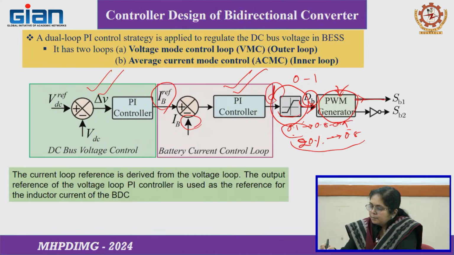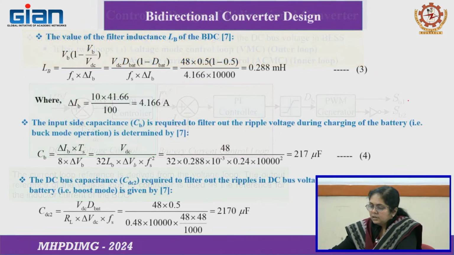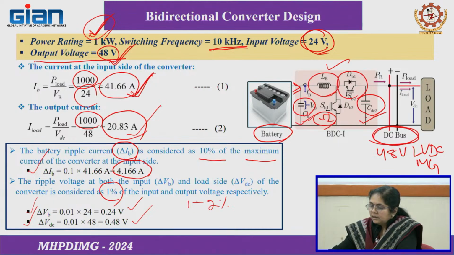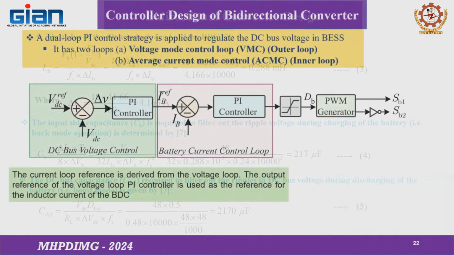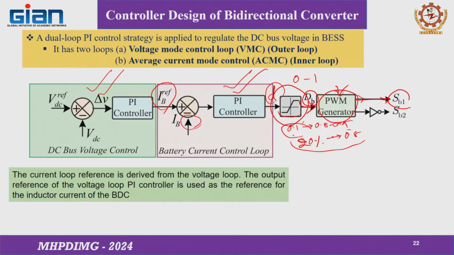One actual pulse goes to the switch SB1, the load switch, and for the unified control approach, the other is inverted and given to the upper switch. This controller design and PI controller tuning is the important factor before going for the simulation.